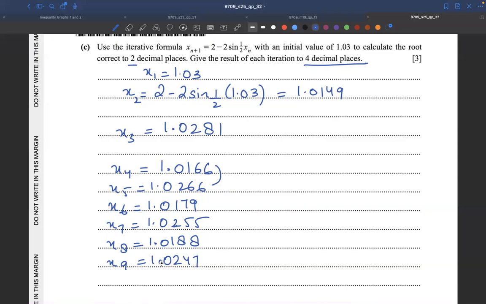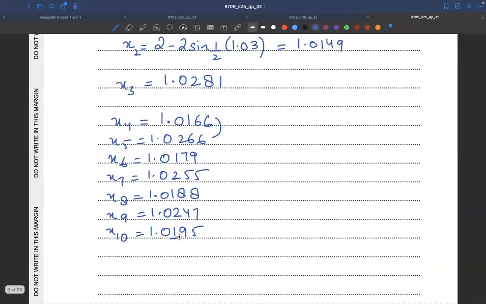Now it's 1.0195. So basically, to 2 decimal places, the answer will always be 1.02.